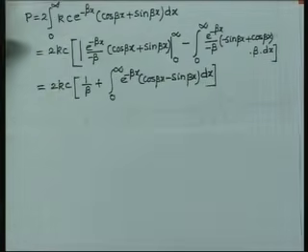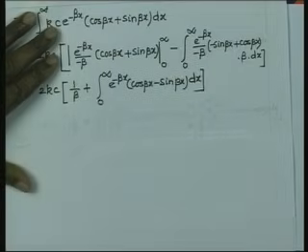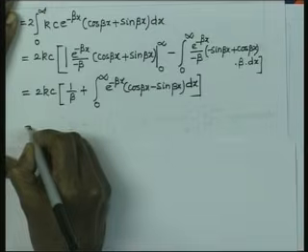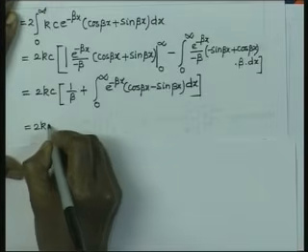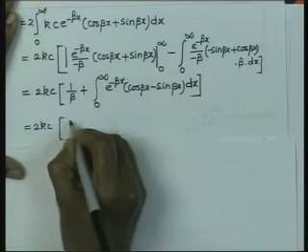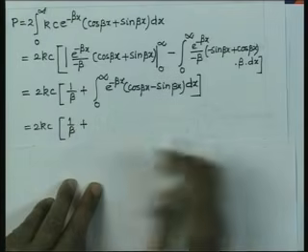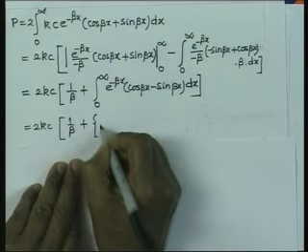Now, we continue further. So, if we continue further, this will give us twice kC, 1 by beta plus, again we do the same procedure here.